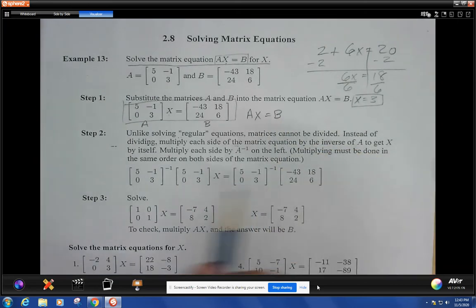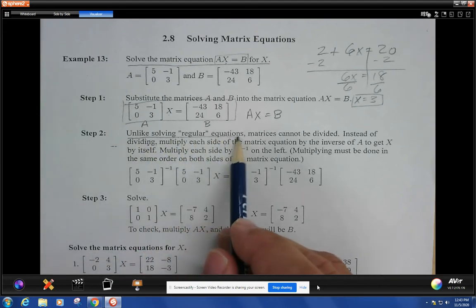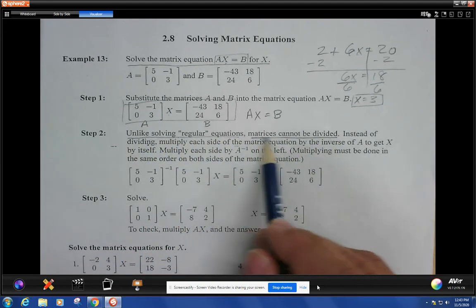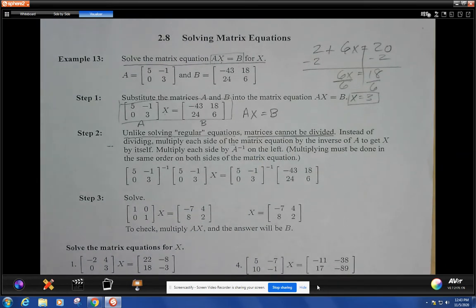Now here is the critical part of this whole thing, and this note that you've got right here on your paper. It says, unlike solving regular equations, matrices cannot be divided. So that's the reason we're not talking about division of matrices. We've talked about addition, subtraction, multiplication, even determinants and inverses, but we've never talked about division. That's because you cannot divide matrices.